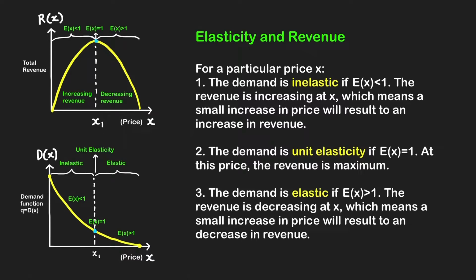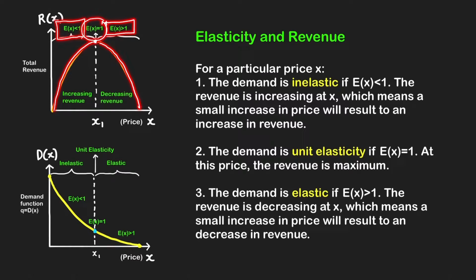If our x-axis denotes the unit price and the y-axis denotes the total revenue, then when the elasticity of demand is less than 1, the revenue function is increasing. And when the elasticity of demand is greater than 1, the revenue function is decreasing. Therefore, we conclude that if the elasticity of demand is equal to 1, then the revenue will reach its maximum.